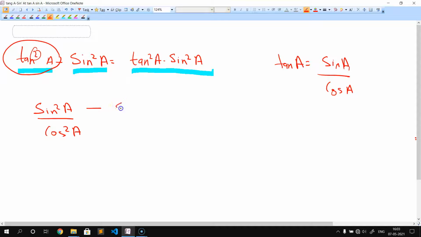minus sine square A upon 1. So if we have to take LCM, A upon B plus C upon D, it's very simple.